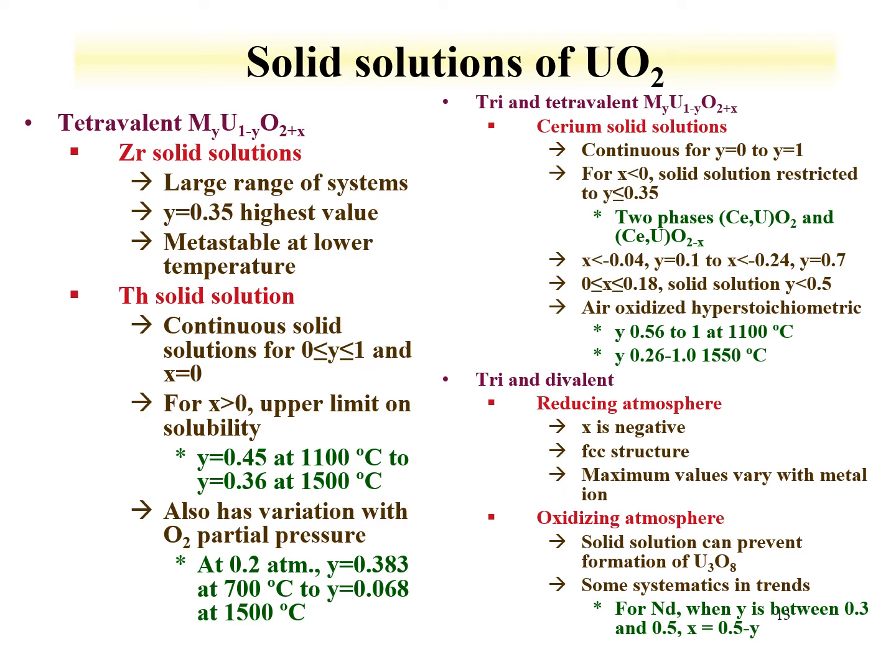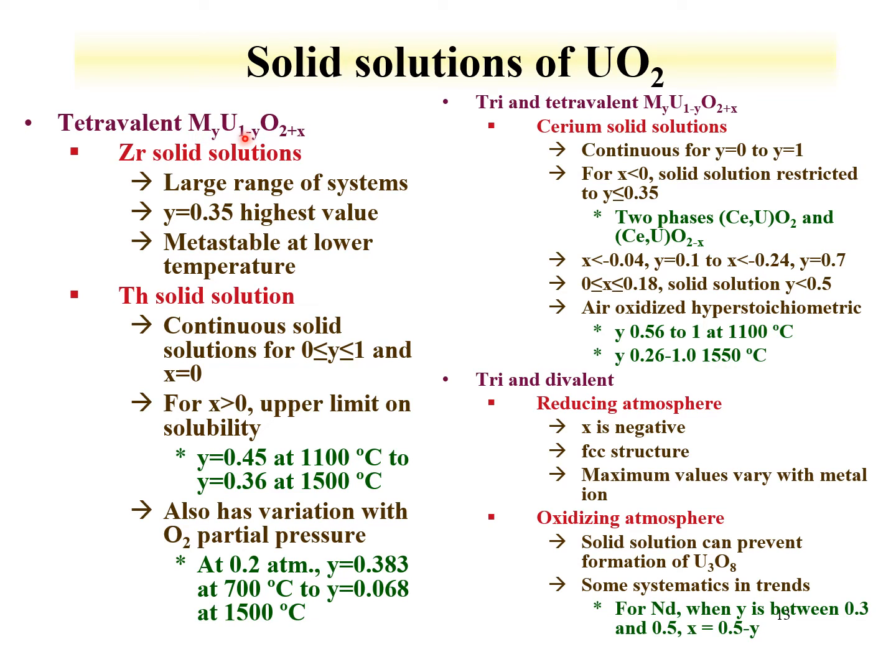So if I were to take a compound and exceed where Y is 0.35, so make something in an atomic ratio where it's 35% by atom uranium.